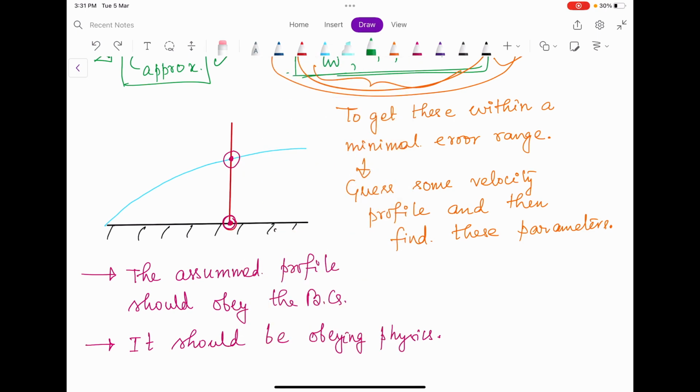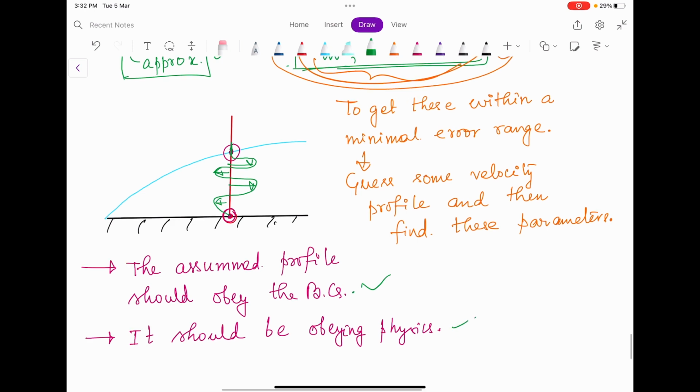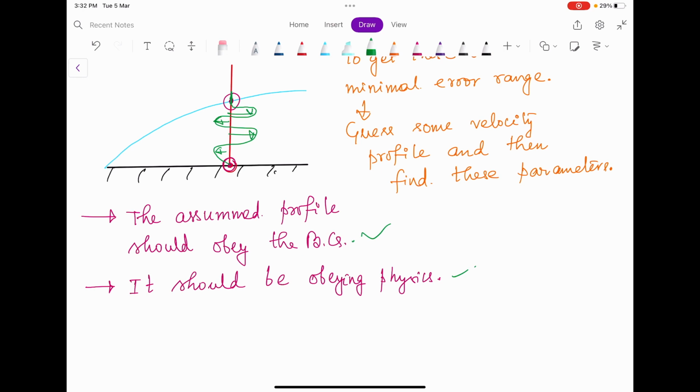So if you draw something like this, that at plate I know that the velocity is 0, so I put a 0 here and I do something like this and this, okay, that is the slope here is 0. But can there be any circulation here? I know that there cannot be any backflow and this type of abrupt velocity profile I cannot have. Okay, so you should obey this boundary condition, and you should also see that if my velocity profile is physical or not.